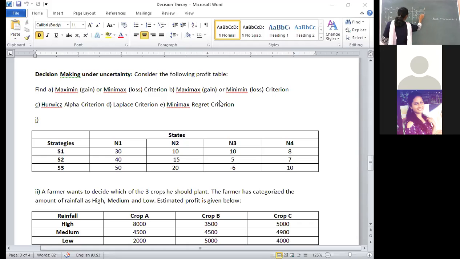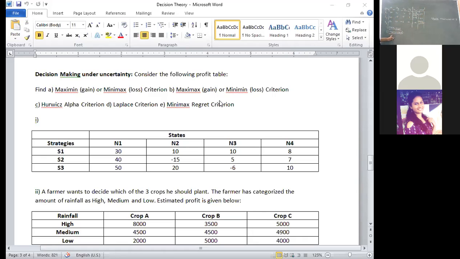The maximum value is 30. In second row, the maximum value is 40. In third row, the maximum value is 50. Among all maximum values, you have to choose again the maximum. Among 30, 40, 50, which is maximum? 50. Highlight it.